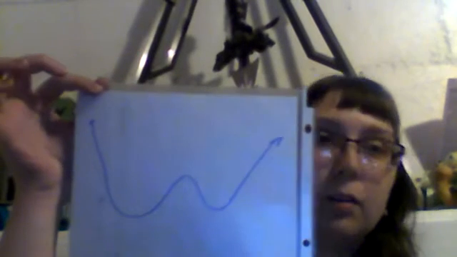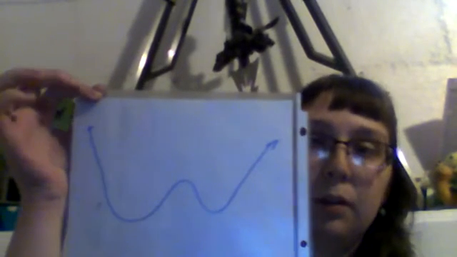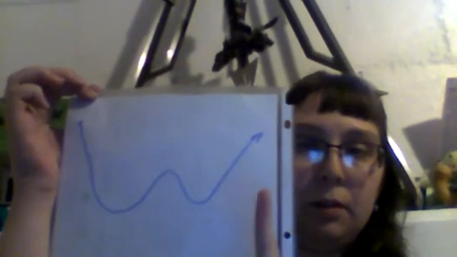Now what about this graph? This graph only has 2. It goes from up to down, and then from down back to up. A quick thing to note is that if the ends of the graph are pointed in opposite directions, there will be an odd number of inflection points. And if the ends are going the same direction, there will be an even number of inflection points.